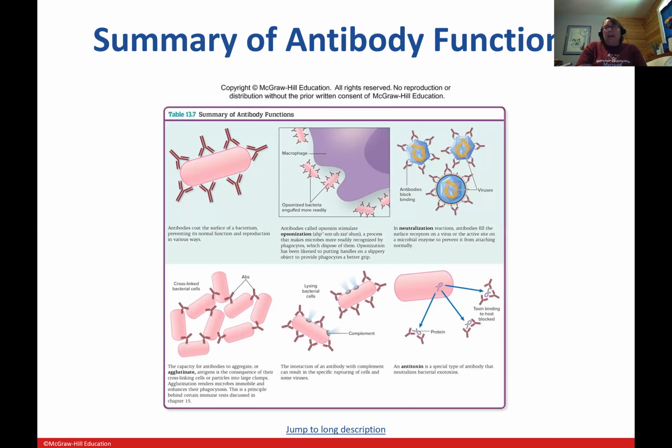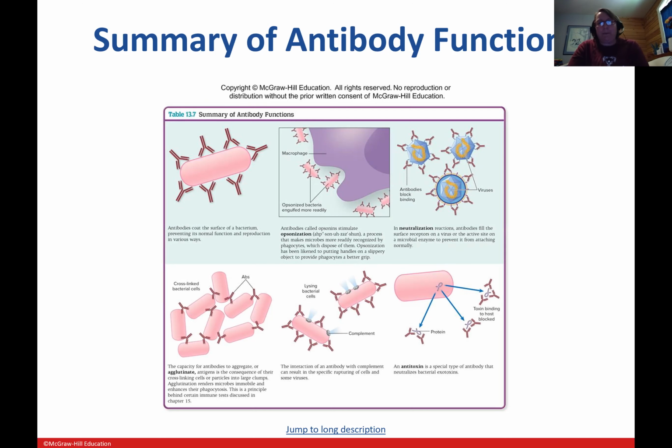Okay, so a summary of antibody function. The one in the upper left corner is the rod-shaped bacteria that's coated with those antibodies. Again, you have the Y facing the antigen on the cell, okay? And then you have that constant region sticking out there, which the macrophages are going to use to recognize that this is something they need to deal with.